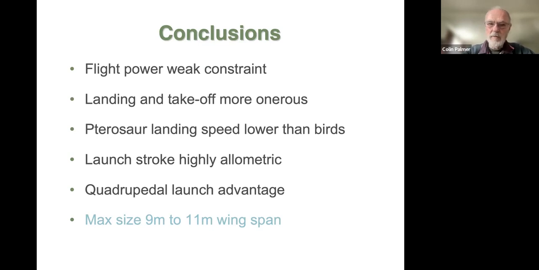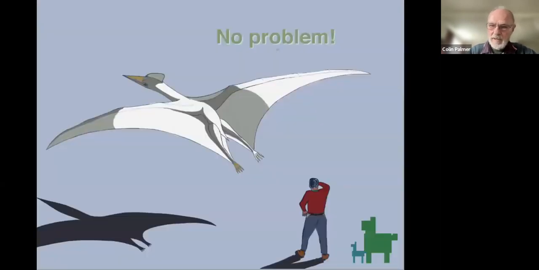Certainly not more than 11. So much bigger than birds, probably about 200 kilos, 250 kilos. And so Quetzalcoatlus, we would argue, certainly wasn't flightless. So can they fly? Yeah, no problem.